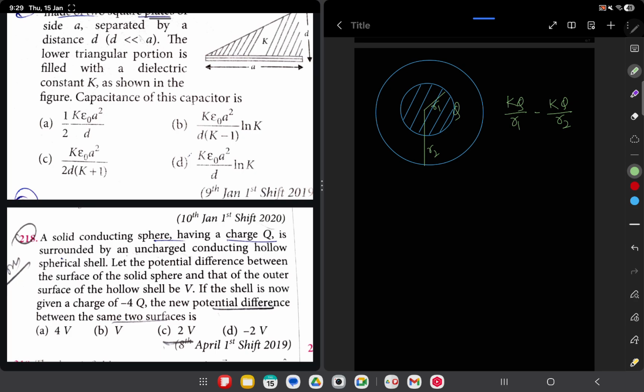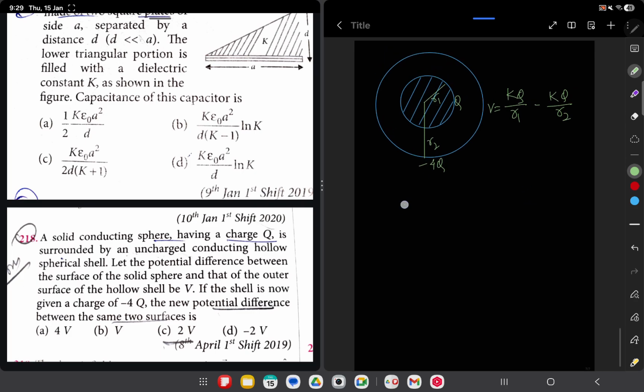Now if this has charge q, the inner surface of the shell will have minus q and the outer will have plus q, but the net effect of minus q and plus q will be cancelled out. So this will be the initial potential, which is given as V. Now the shell is given a charge minus 4q.